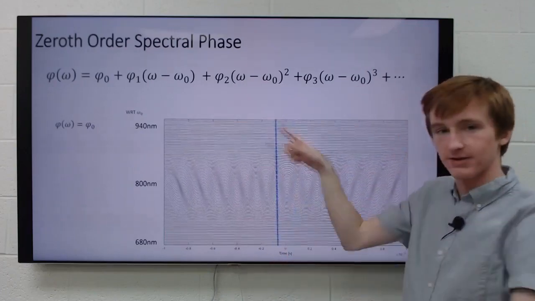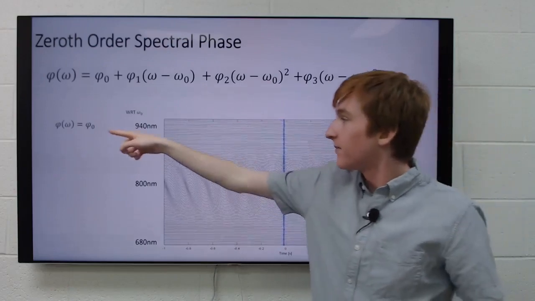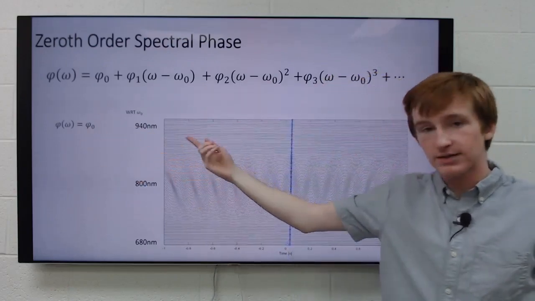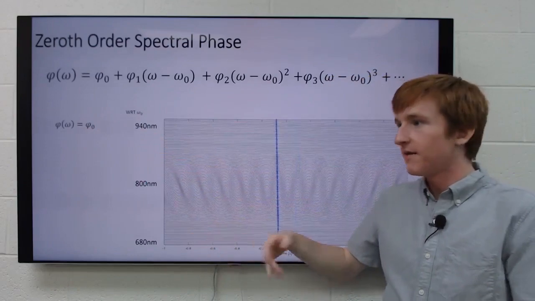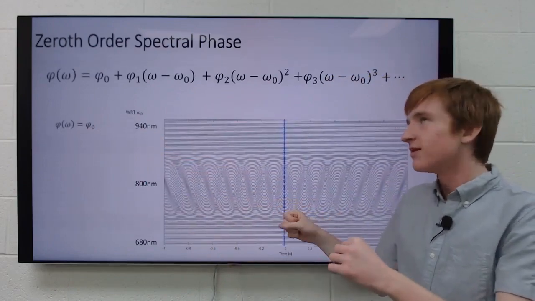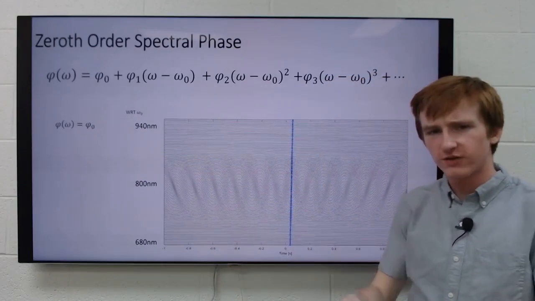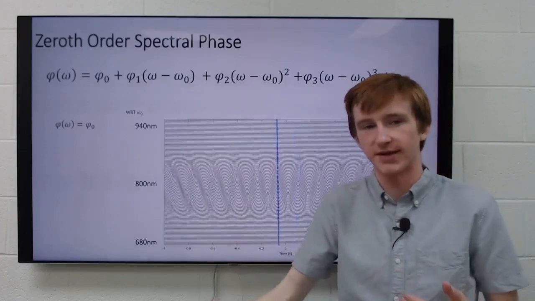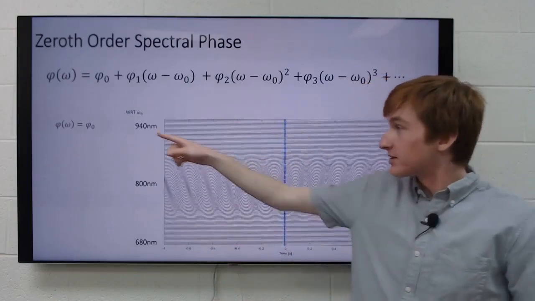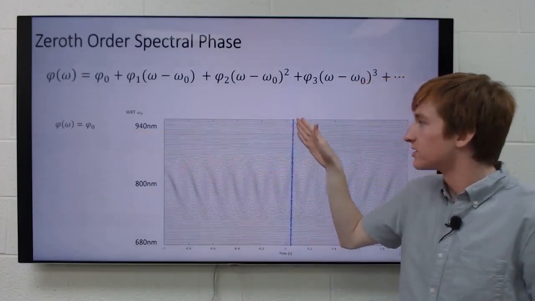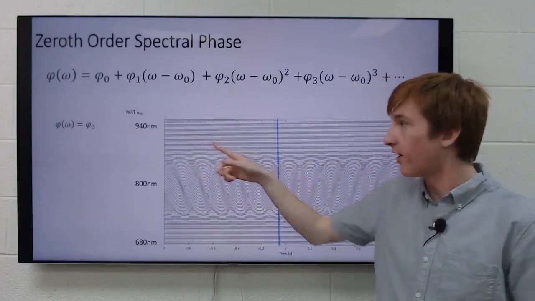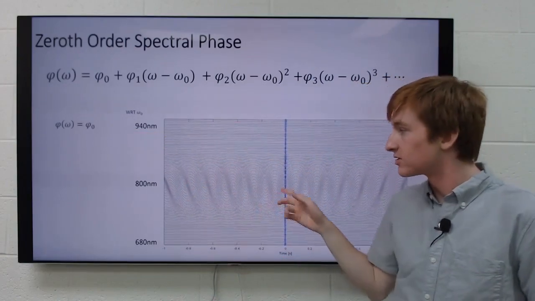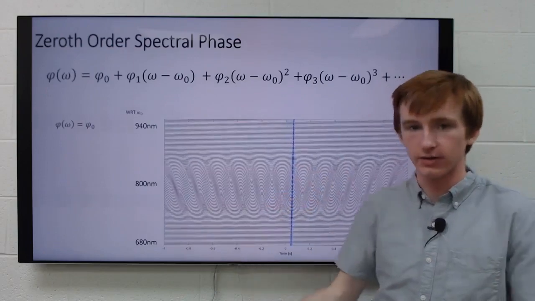You don't shift it as far as the high ones. So phi of omega is constant, but the constant applies with respect to each wavelength. 940 gets shifted by one wavelength of 940, 800 gets shifted by one wavelength of 800, and so on and so forth.